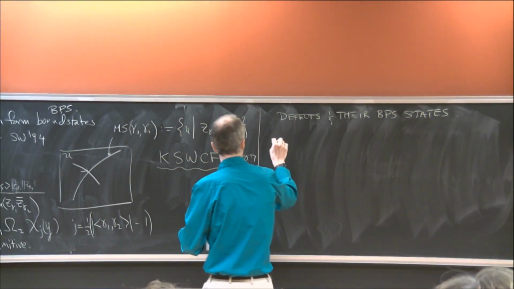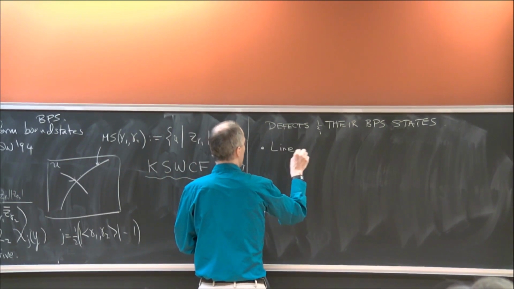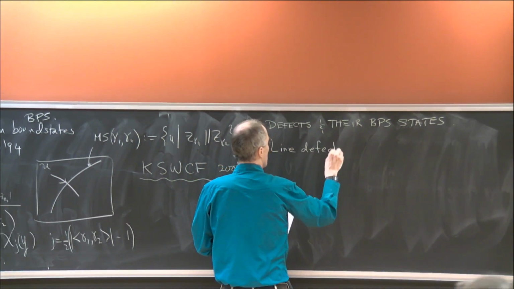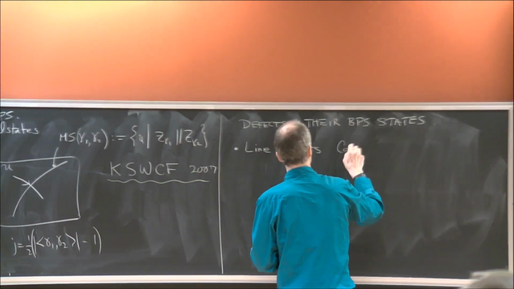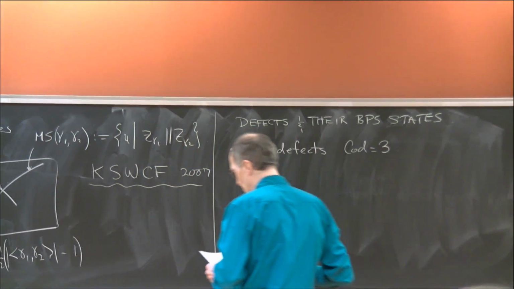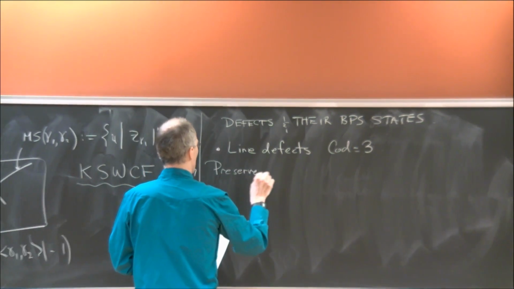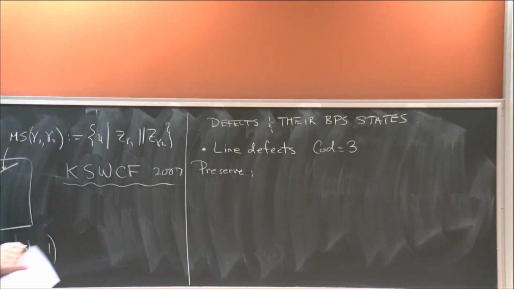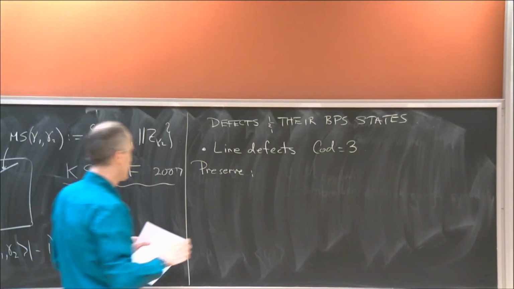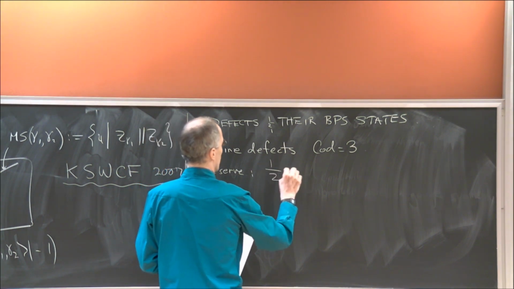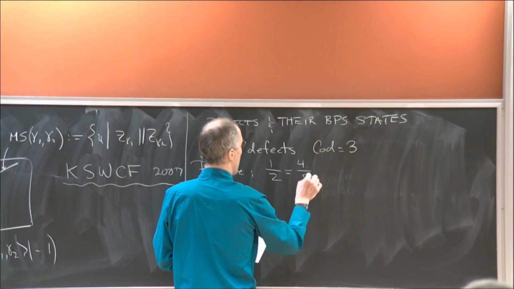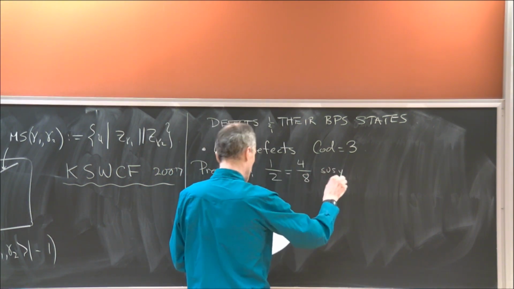Okay, so the first one we want to look at are line defects. So these are codimension 3 defects in 4 dimensions. And as opposed to what people are doing in condensed matter physics, we're going to take some very special ones that preserve 1/2, that is 4/8 of the supersymmetry.